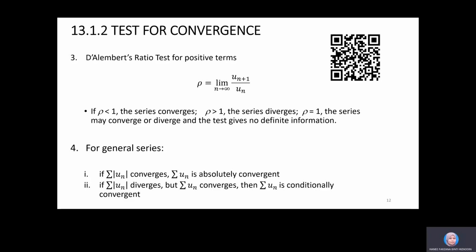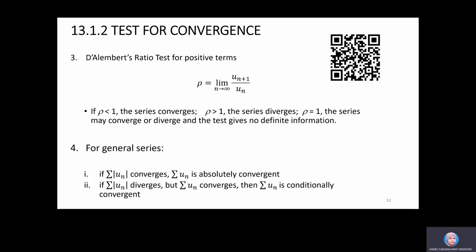Another straightforward test for convergence for power series is the ratio test, the Lambert's ratio test for positive terms. You get the value of rho by finding the limit as n approaches infinity of the series at n plus 1 divided by the series at n. So look at the value of rho.